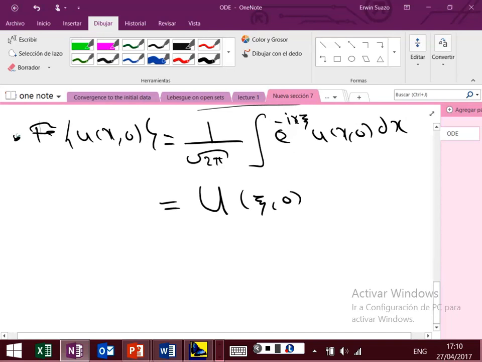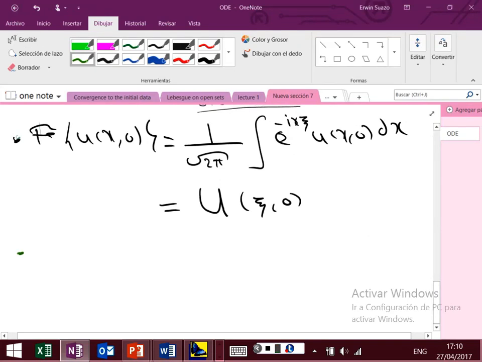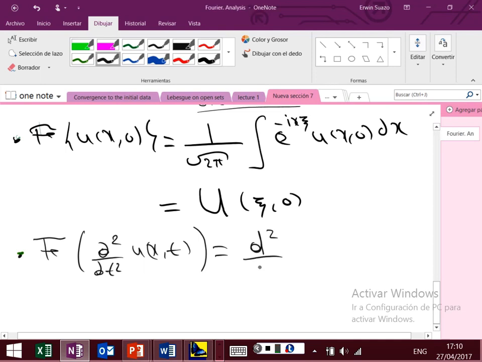So if I do the Fourier transform of the second derivative with respect to time of u(x,t), that will be the second derivative with respect to time of U(theta,t). Okay, and this is a constant.